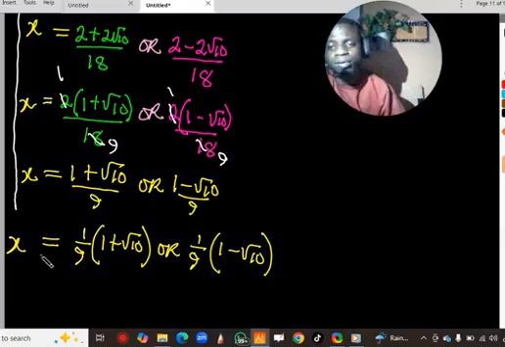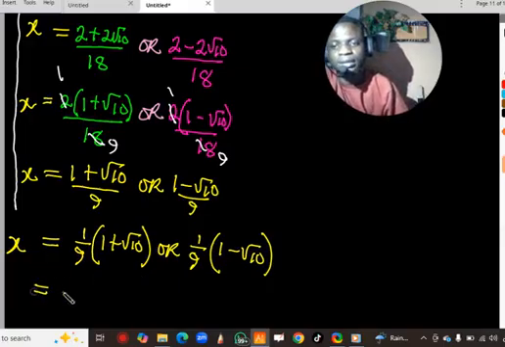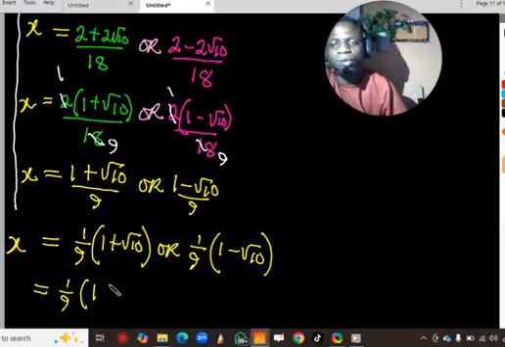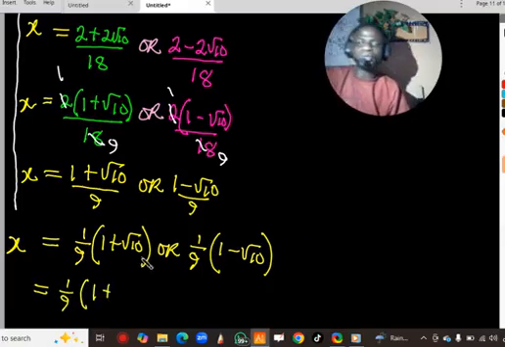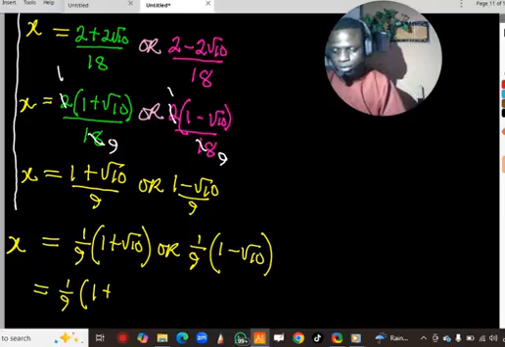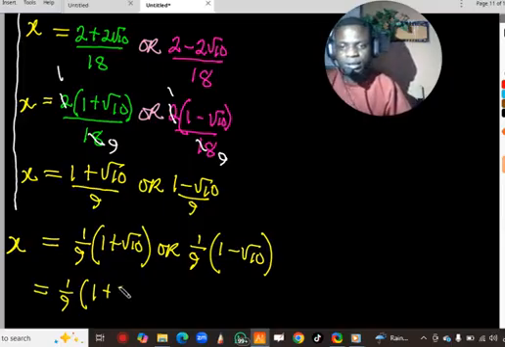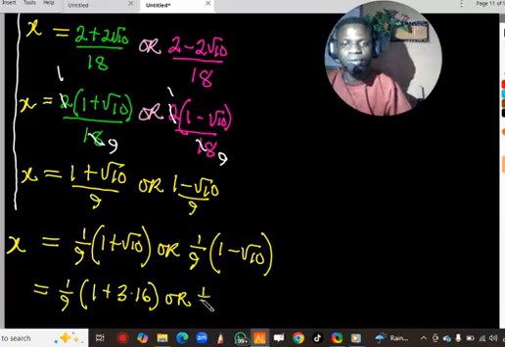Or we can even go ahead to simplify the answers in decimal. To do that, this is equal to 1 over 9 into 1 plus, by then we have to find the square root of 10. Root 10 is 3.16, or 1 over 9 into 1 minus 3.16.